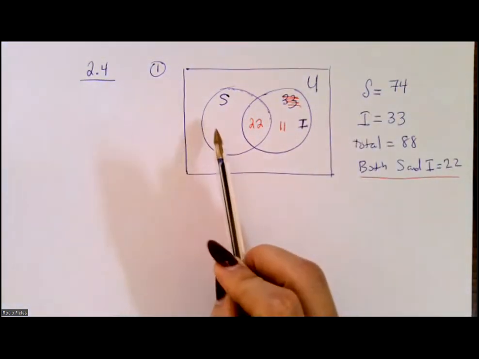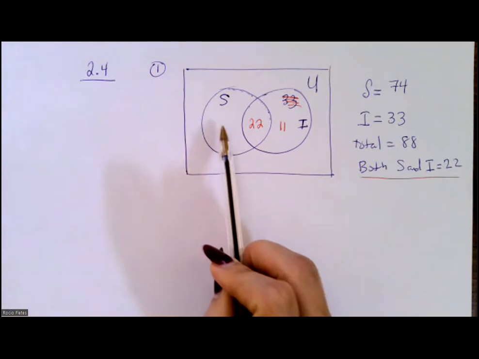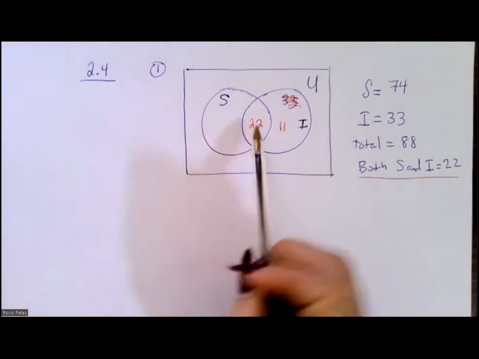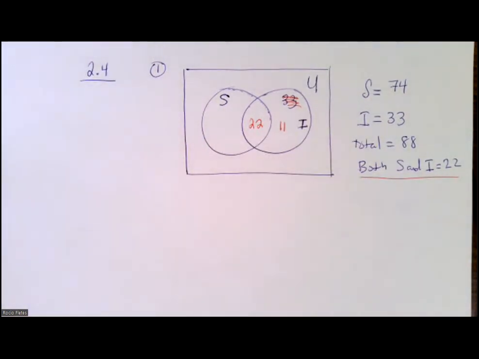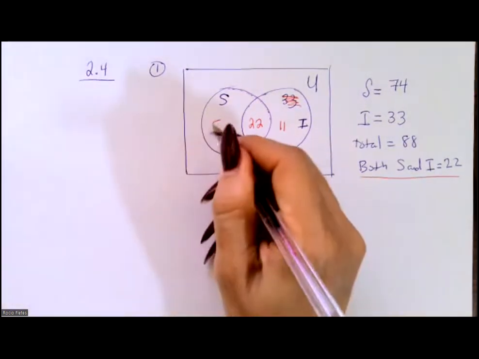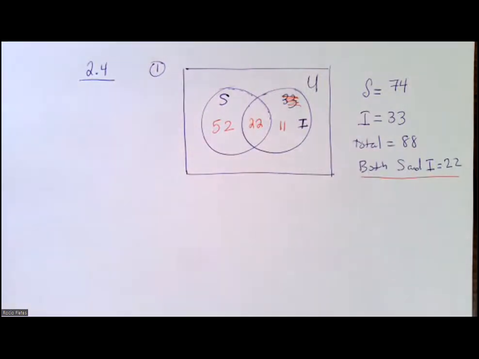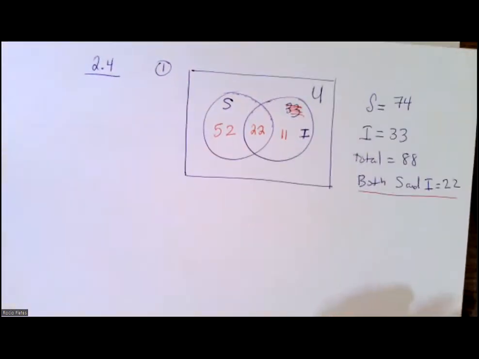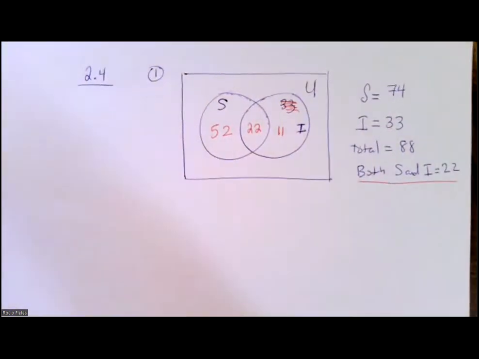And a similar thing we're going to do with Snapchat. We know it's 74, but we need to subtract 22. And that gives us 52 in this area. Now we know also that the total is 88, right? So we need to figure out the area that's outside of both sets.